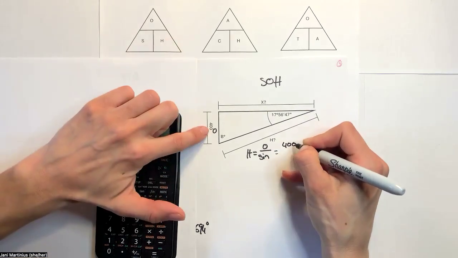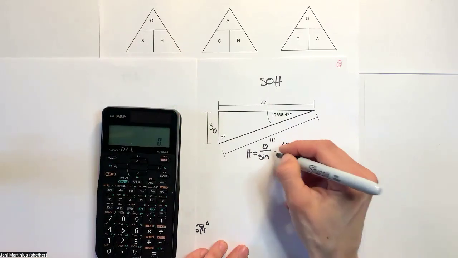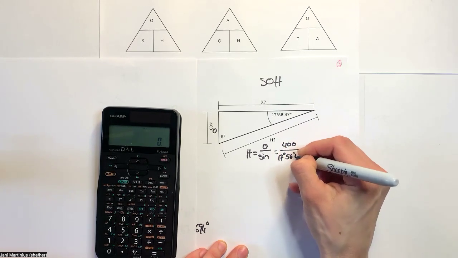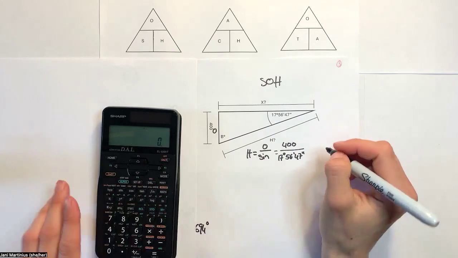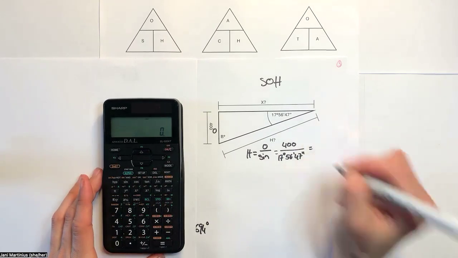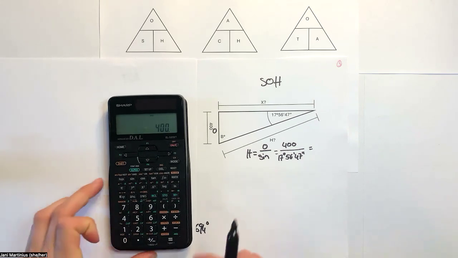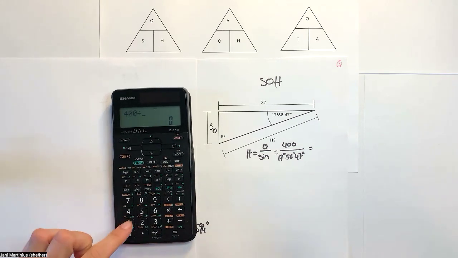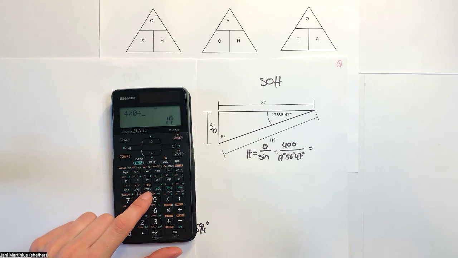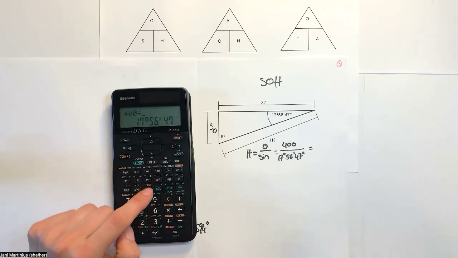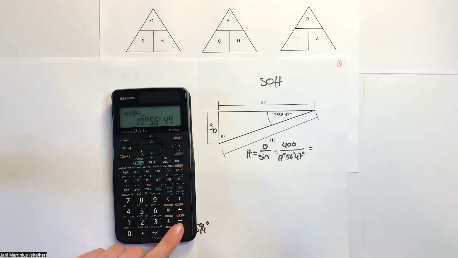So 400 for opposite, and then our 17 degrees, 56 minutes, and 47 seconds, which should then spit out the length for our hypotenuse. So 400 over sine of 17 degrees, DMS button, 56 minutes, DMS button, 47 seconds, and the seconds are already there, equals.